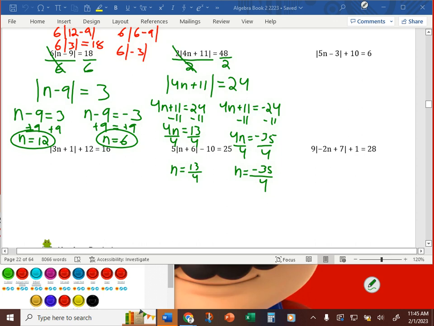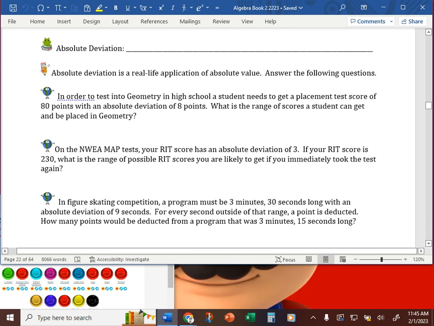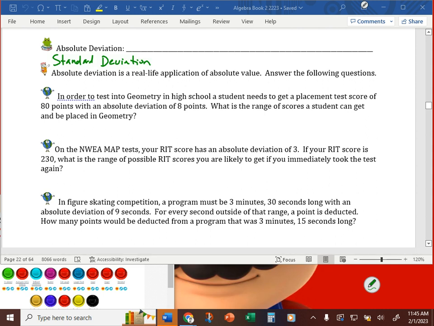Okay. The bottom part of the assignment goes to absolute deviation, which is probably the more typical usage of absolute value. Absolute deviation is another way to say standard deviation. And who remembers what standard deviation means? We've talked about it before, that definition. Colin?